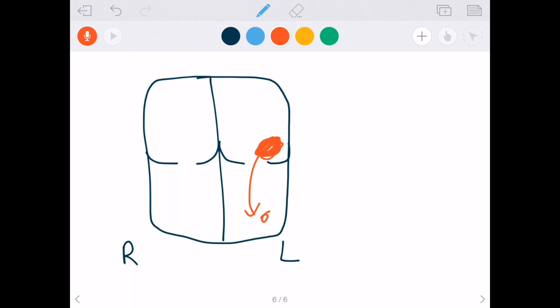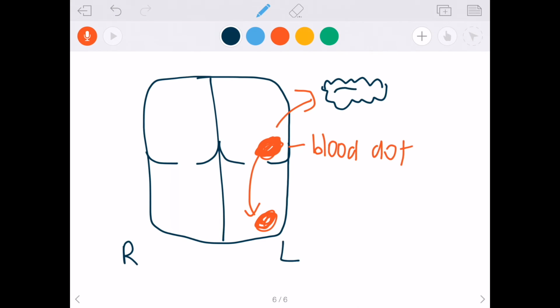And these blood clots can then exit the heart and become lodged within the vasculature of the body. And if they become lodged within the vasculature of the brain, this can lead to the formation of a stroke.